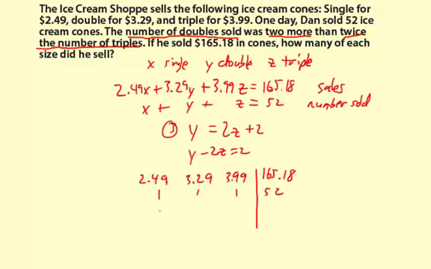Third equation is 0, 1, negative 2, and then 2. Okay, that is our augmented matrix. Now we just need to enter it in the calculator, put it in reduced row echelon form, and we'll find out how many of each ice cream cones were sold.